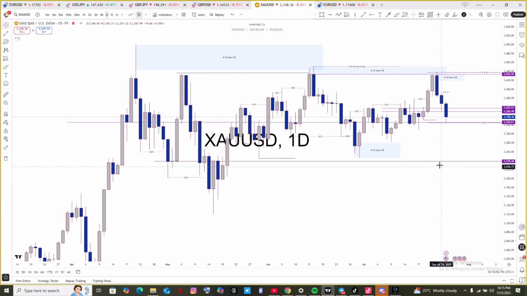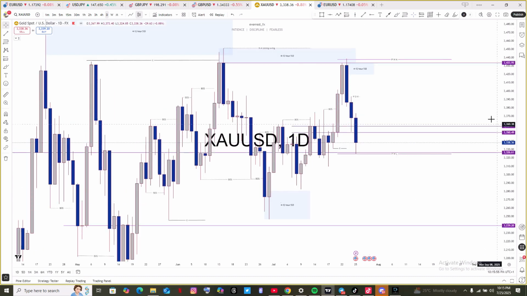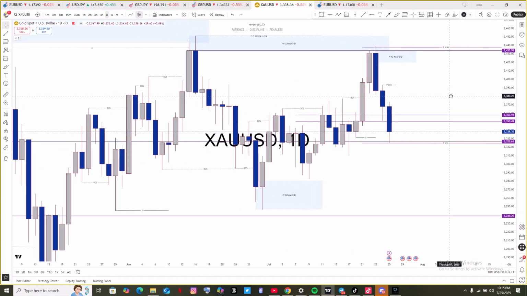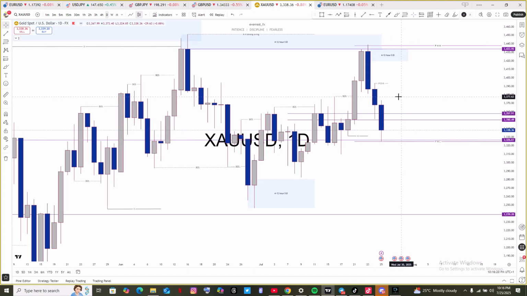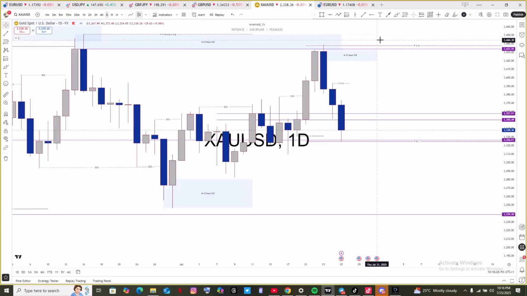So what do we have here? Gold is also reacting from this place. This long purple line is a key level. So price is also reacting from this place. Now I will be expecting price to be a little bit bullish next week, and then I'll be expecting a bearish movement next week.